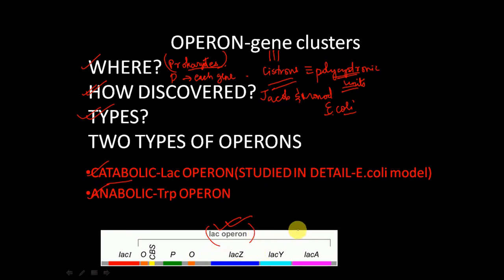As we can see in the diagram, there are three structural elements, Z, Y and A. Z codes for beta galactosidase. Y codes for permease, which is a channel protein that helps in the uptake of lactose, and Lac A for alpha transacetylase.